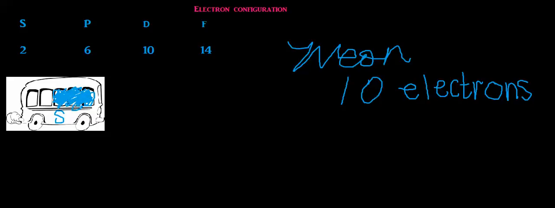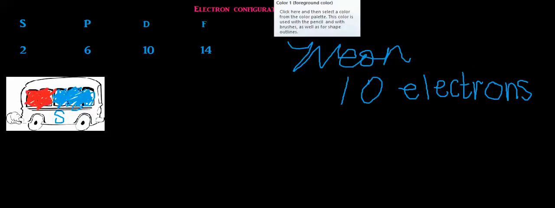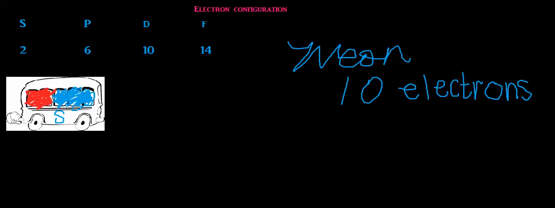So it's the S, and it only has 2 seats. Neon will fill up all of those 2 seats. Let's do that in red. So we have to get the next bus in, the second S bus.